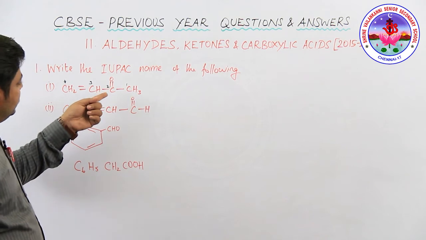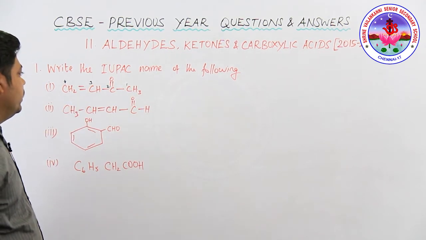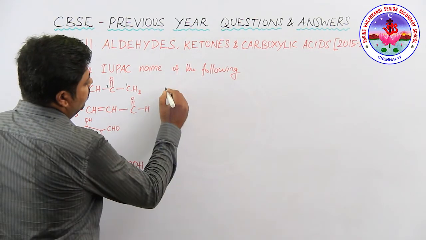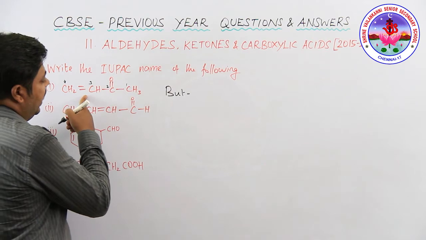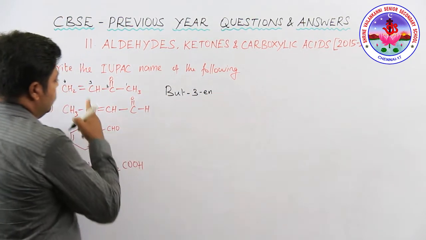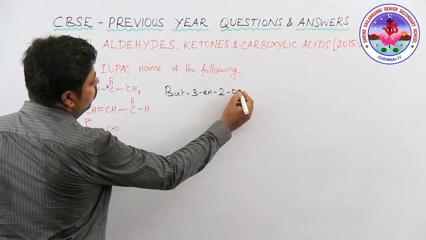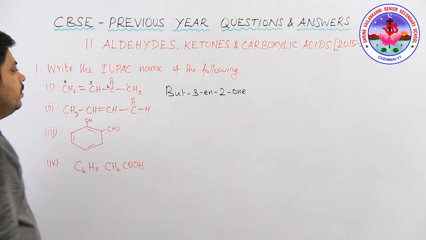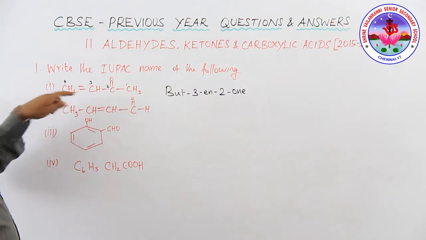The second position has the ketone, one, and the third position has the double bond, ene. So you write but, 3-ene, then 2-one. But-3-en-2-one. This is the IUPAC name of this compound.